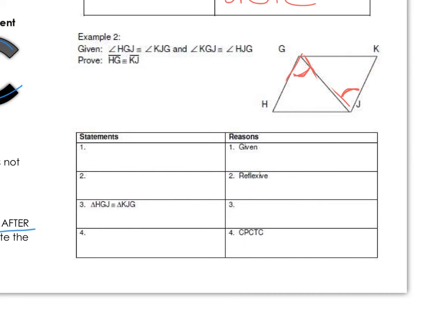Then I have KGJ, so that angle is congruent to HGJ. So copy that given into our starting point.